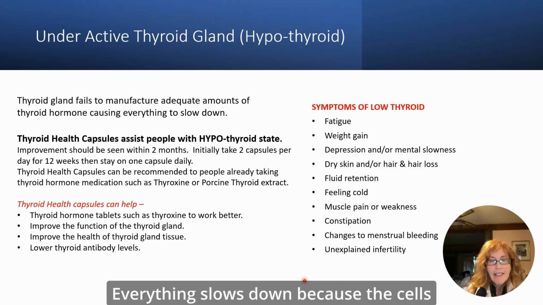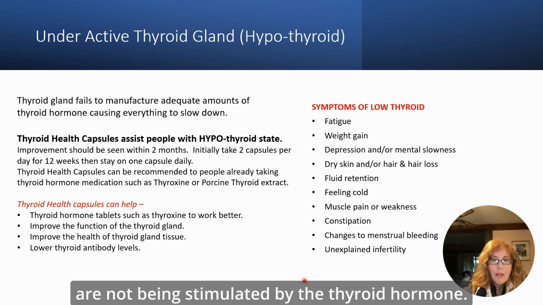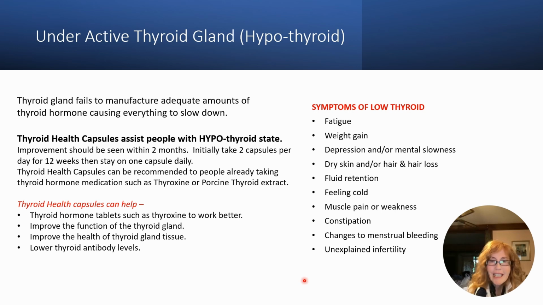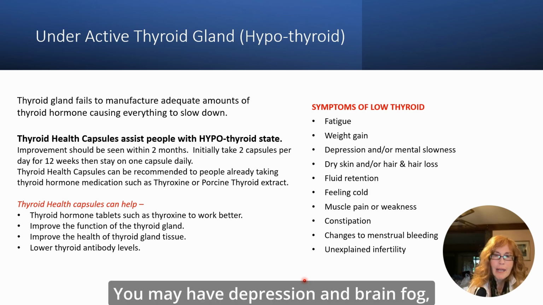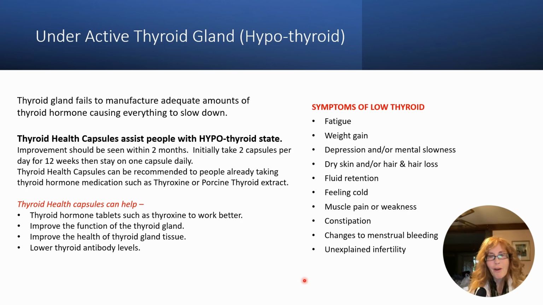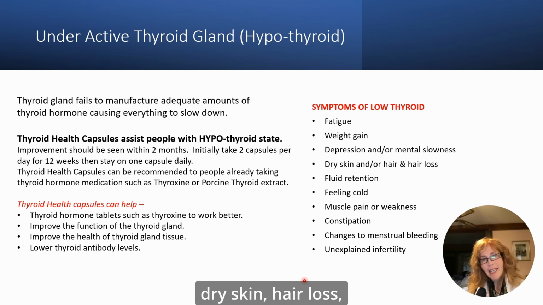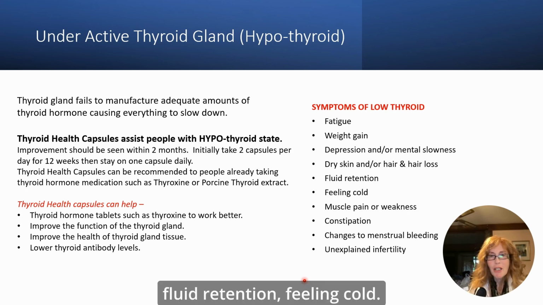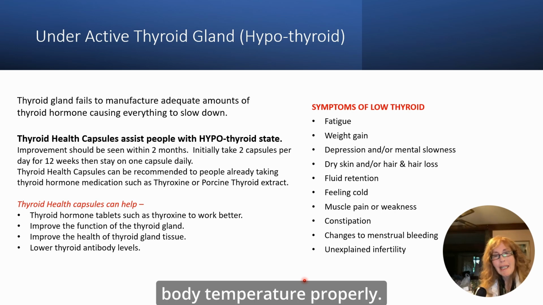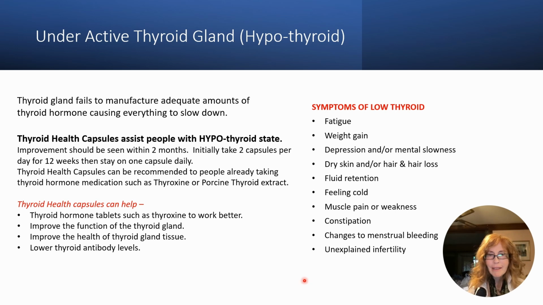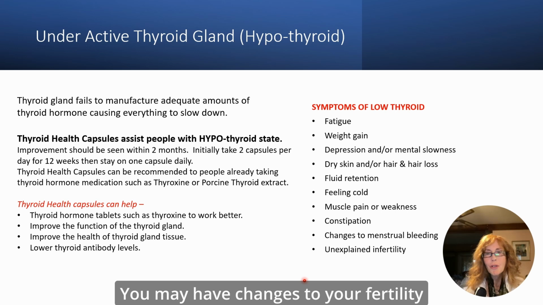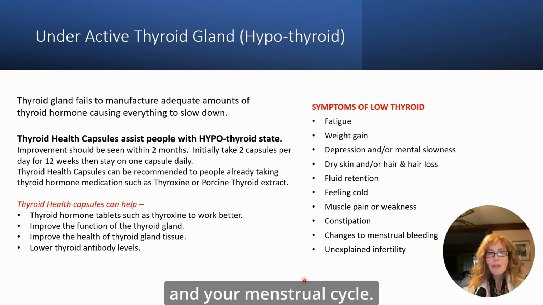Everything slows down because the cells are not being stimulated by the thyroid hormone. So typically we'll get fatigue, you'll put on weight although you're not eating anymore, you may have depression and brain fog, dry skin, hair loss, fluid retention, feeling cold, you can't regulate your body temperature properly, you may have muscle weakness and aches and pains, you may be constipated, you may have changes to your fertility and your menstrual cycle.